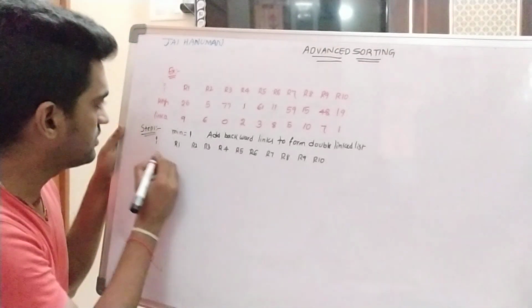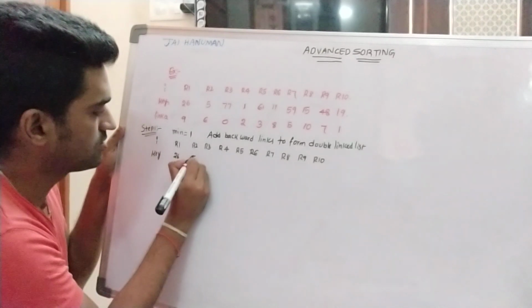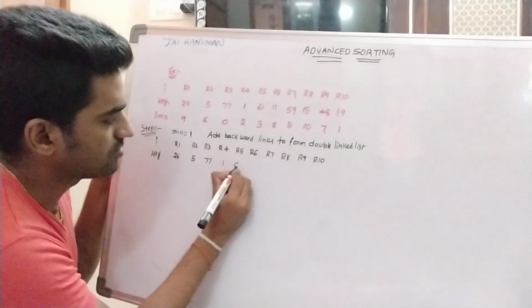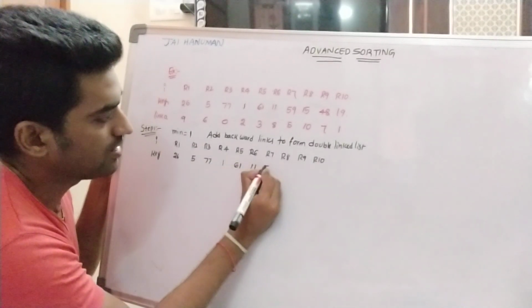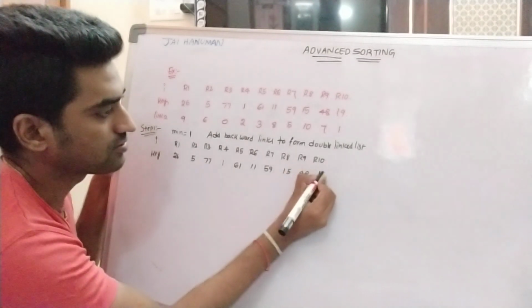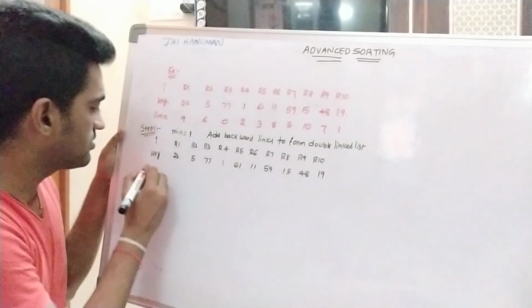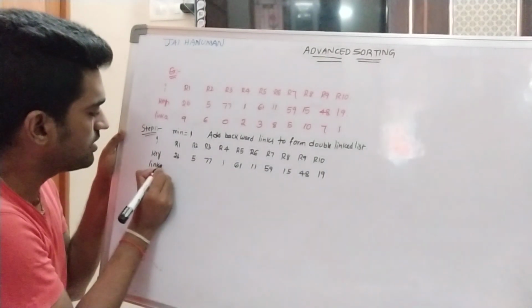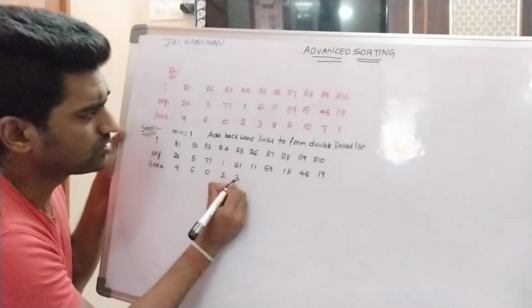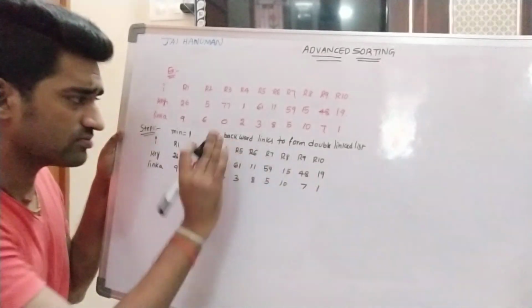The key elements are 26, 5, 77, 1, 61, 11, 59, 15, 48, 19. Link A is already present, that is 9, 6, 0, 2, 3, 8, 5, 10, 7, 1.